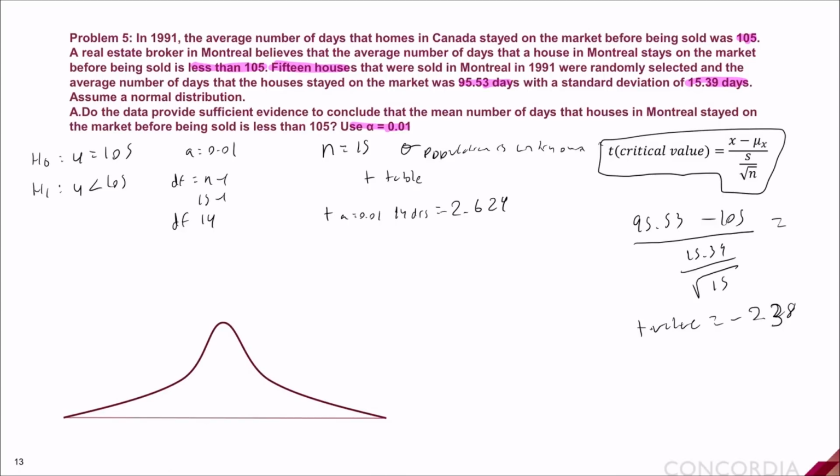We're going to put both of them on the distribution. Our cutoff point is negative 2.624, with our critical value being negative 2.38. And since our critical value is above our test point, and we're dealing with a left side tail, we do not reject H0.